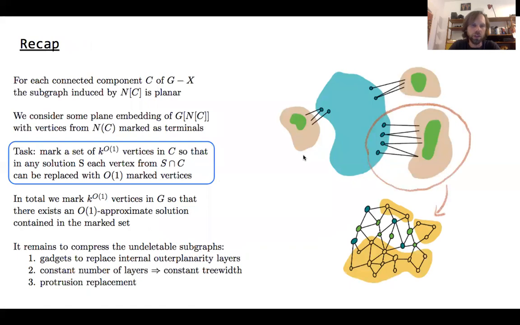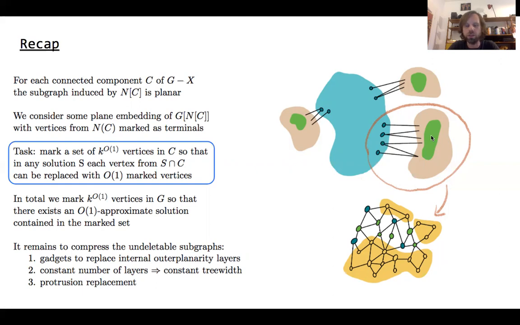So let me go back to the previous picture, and this is what I just sketched, the marking scheme of the gray vertices, of green vertices that cover an approximate solution. I decided to focus on this part because we conjecture that this is really the bottleneck for understanding the compressibility of planar deletion.